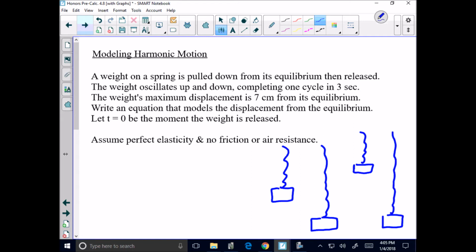And basically, we're going to see the spring go up and down between extrema, maximum distances from the equilibrium. And in general, what we're going to see is that spring go up and down, right? Going above and below its equilibrium, or the height at which it rests, right?